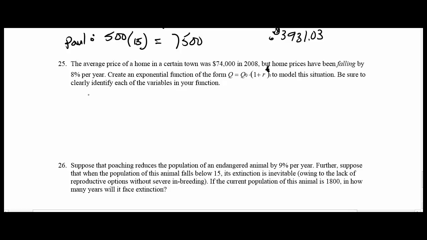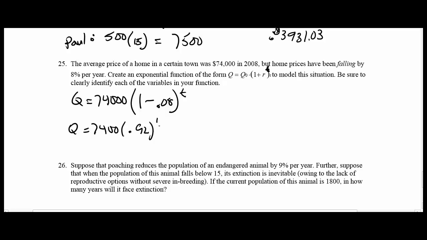Let's see, so in this case, we're going to say our amount is 74,000 times (1 minus 0.08), because we're falling, raised to the t, or 74,000 times 0.92 to the t, would tell me how much money the home is worth in a given amount of time.